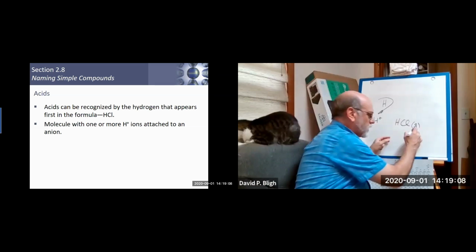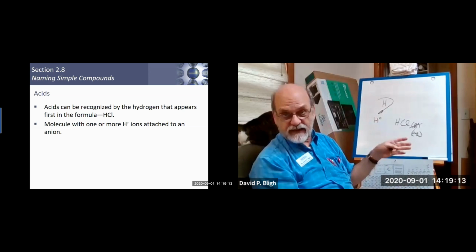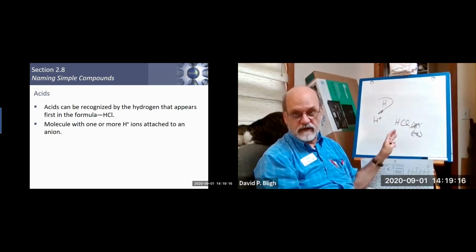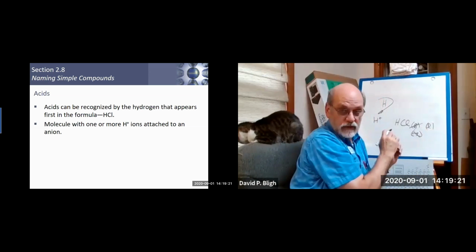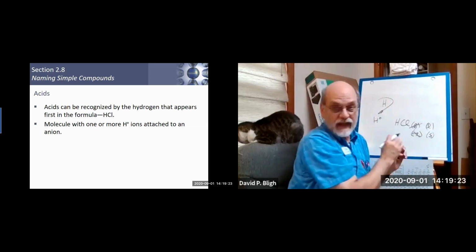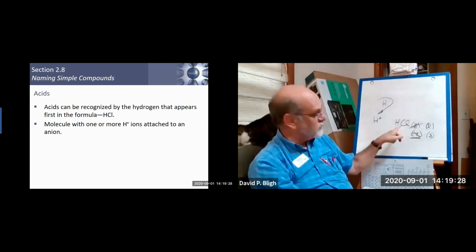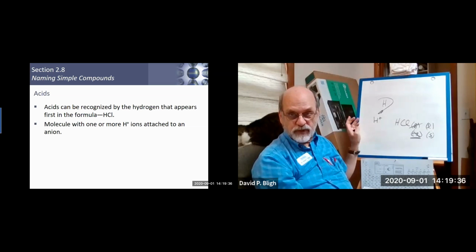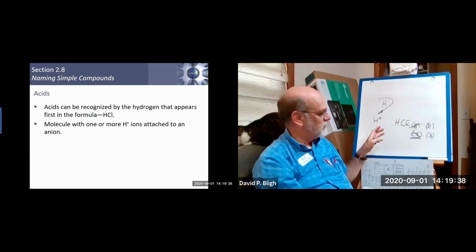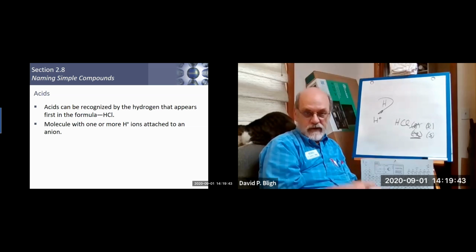But if you put it in water, G is for gas, AQ is aqueous for water, L is for liquid, and S is for solid. So if you put that in water, now you have the potential for dissociating that hydrogen into its environment and producing an acidic solution. That's when the naming convention kicks in for acids. Okay?